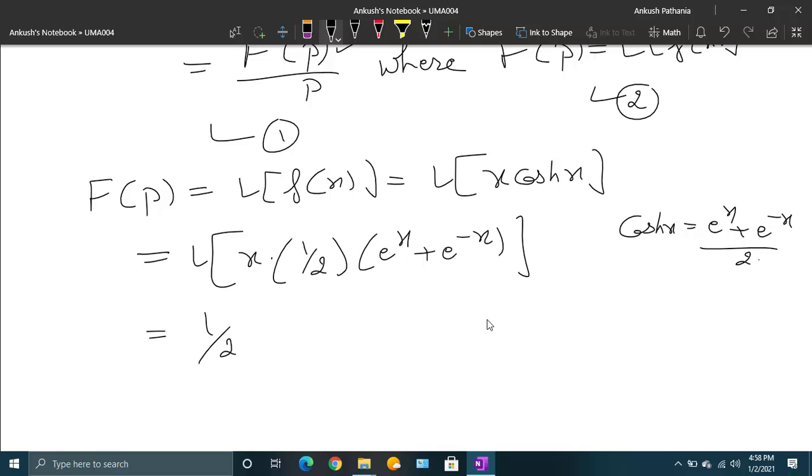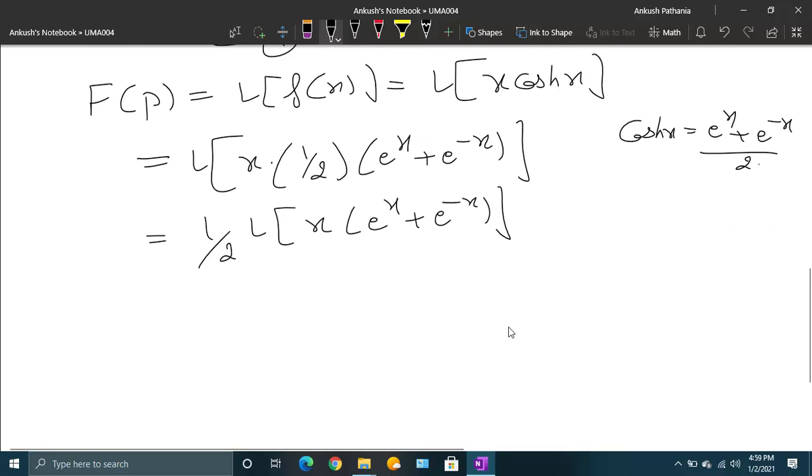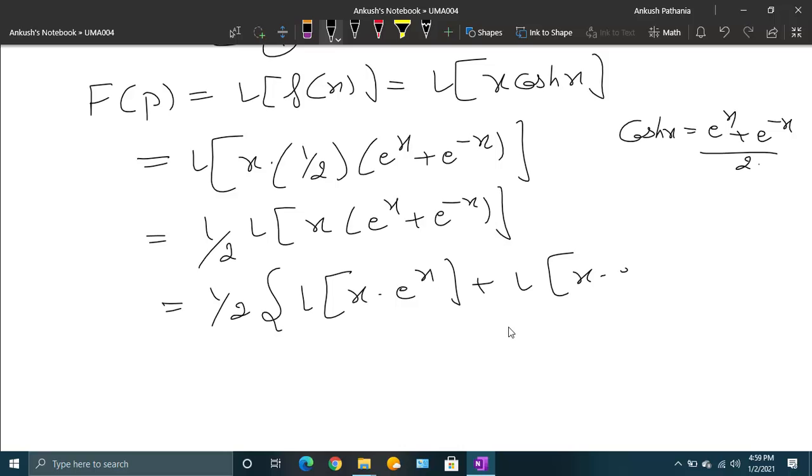So this is 1 by 2 Laplace of x times (e^x plus e^(-x)), and sorting the terms, this equals 1 by 2 [Laplace of x dot e^x plus Laplace of x dot e^(-x)]. This is my F(p), the Laplace of f(x), that I need to find to get the Laplace of the function asked in the question.